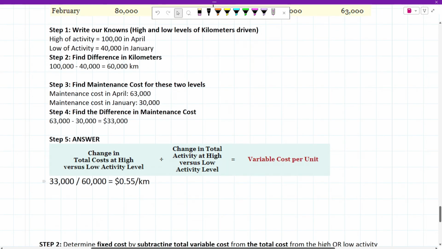If you guys are wondering why I put the 33,000 before the 60,000, it's because when we figure out the price, we say price per kilometer, and it's not kilometer per price. So if we say price per kilometer, that means we do price first, then kilometer second. And so that is our variable cost. I'll put it right next to it, variable cost per unit.